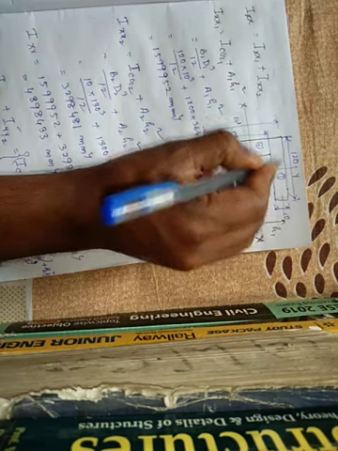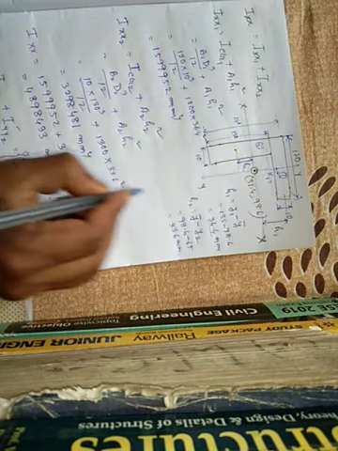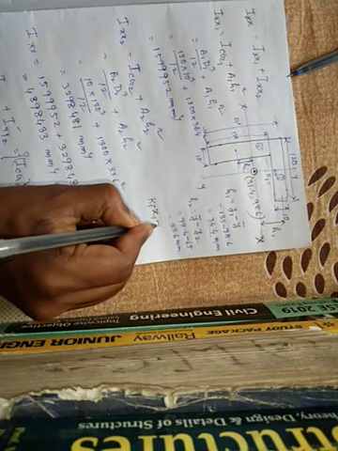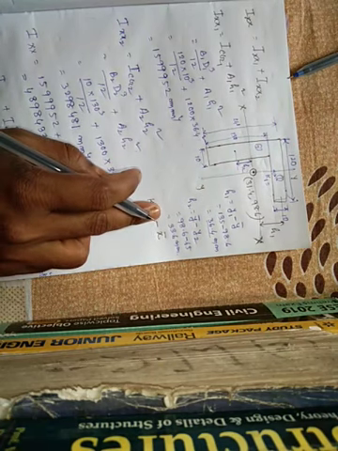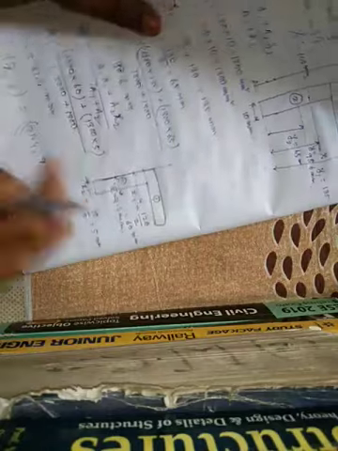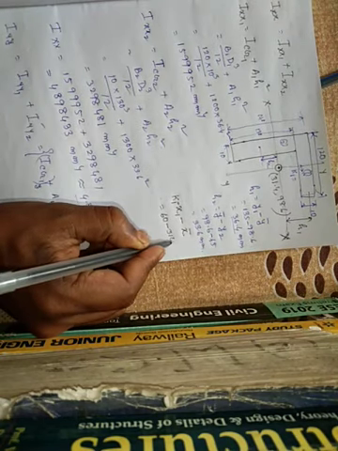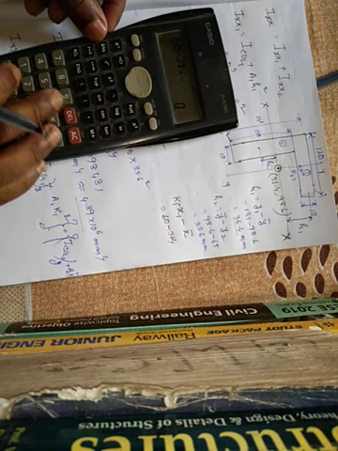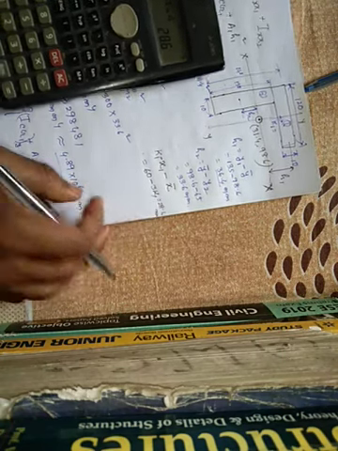This center is at 120, center is at 60, from here to here, this is k1. k1 equals to x1 minus x bar. x1 equals to 60, already calculated, minus x bar equals to 31.4. 60 minus 31.4 is equals to 28.6 millimeter.